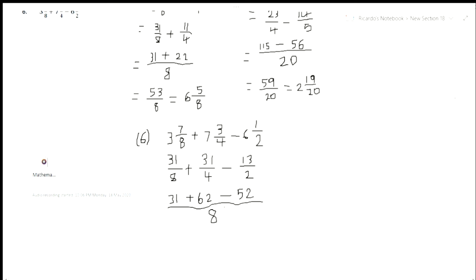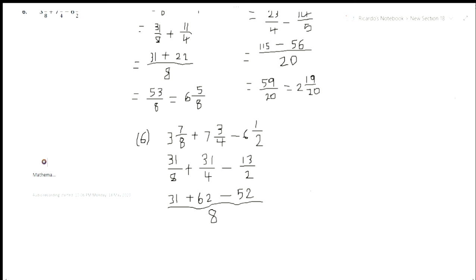Okay, so we can just add up and subtract these numbers now. So 31 and 62, that's 93.